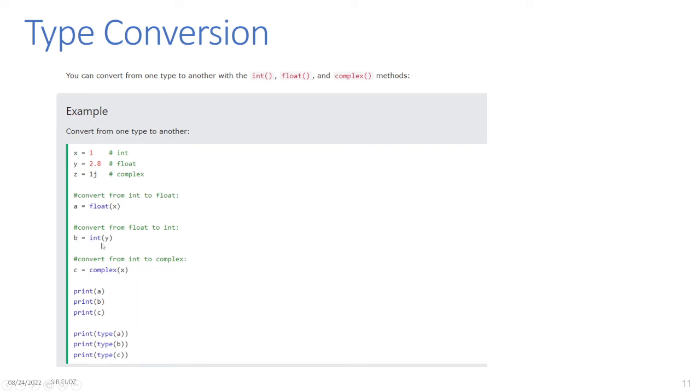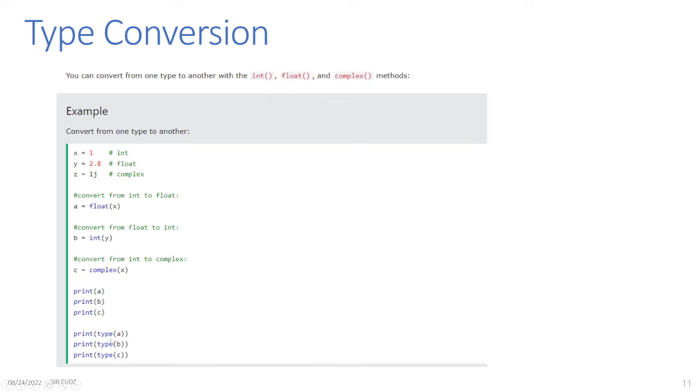Then b is equal to integer y. Although y is a float number, it will be converted to integer. And c equals complex x. So x is an integer, it becomes a complex value. Then print a, print b, print c, so we'll have the values.